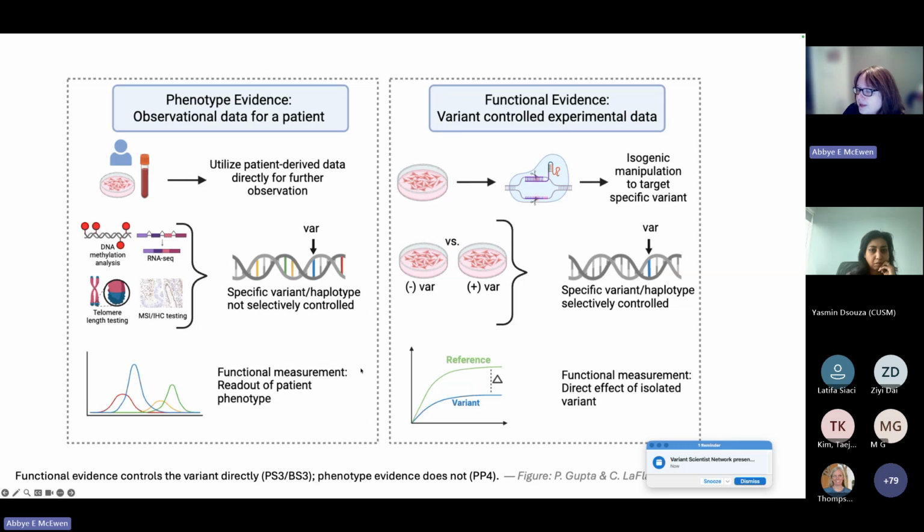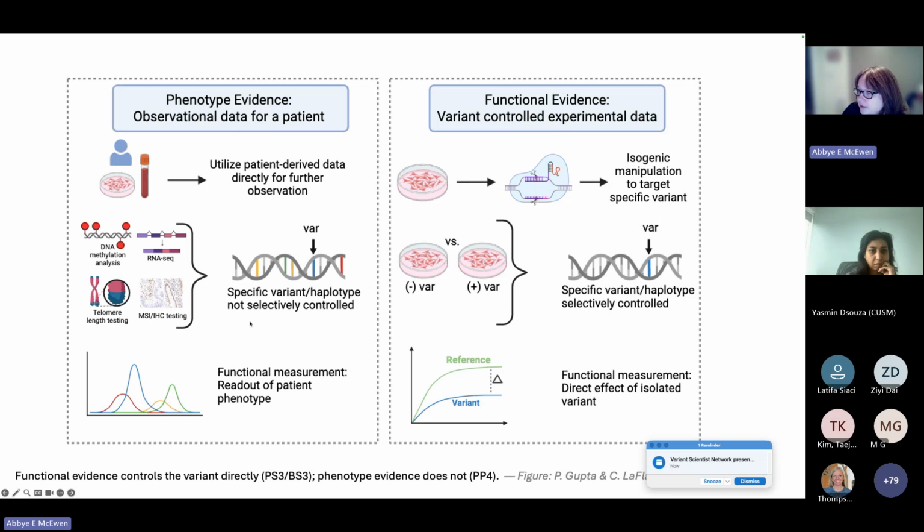So this figure here breaks down the two evidence types side by side, and it's worth reviewing again for a minute. On the left here is phenotype evidence. You can think of this as observational evidence for a patient. Here we use patient-derived material, whether this be blood, cultured fibroblast, bone marrow, etc. And we utilize this patient-derived material for further direct observation.